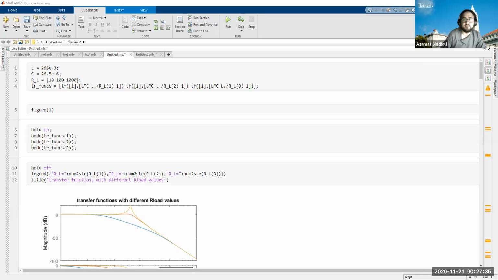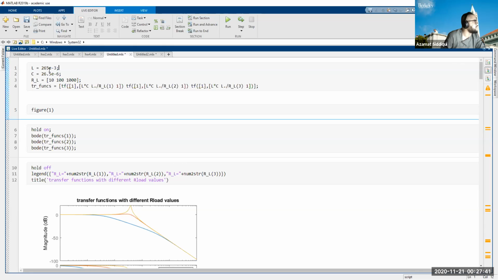All right. We are in MATLAB, and I've put in the values of L as 265 millihenries and C as 26.5 microfarads. The values for load are 10, 100, and 1,000. And I've calculated the transfer function for each one of these. In the numerator, I have a 1.